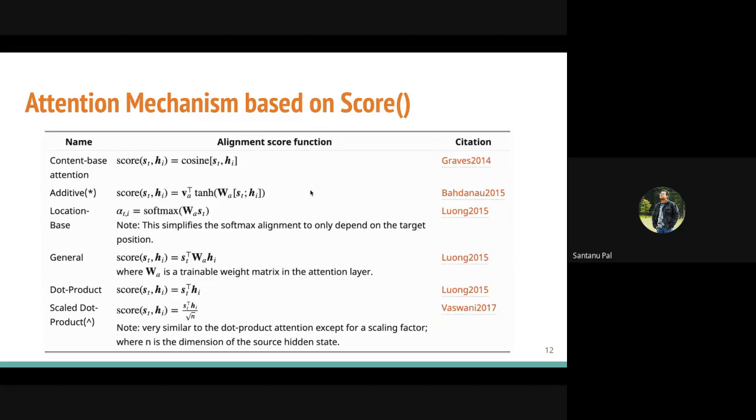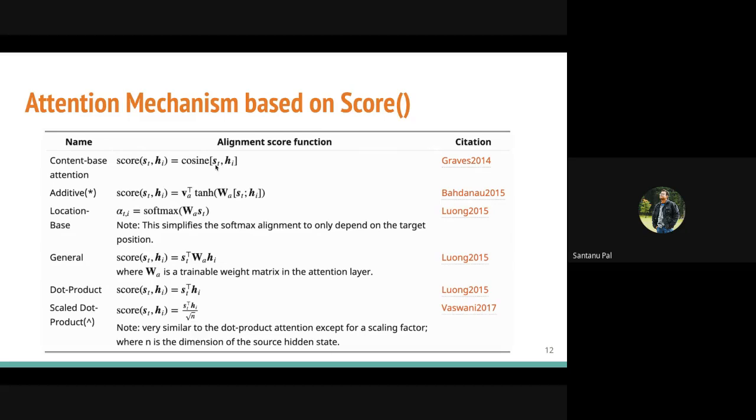So now we know the scoring function which I have discussed, Bahdanau 2015. Before the Bahdanau attention representation, attention was also used, with this scoring function. It's like the cosine distance between the source state and the hidden state.